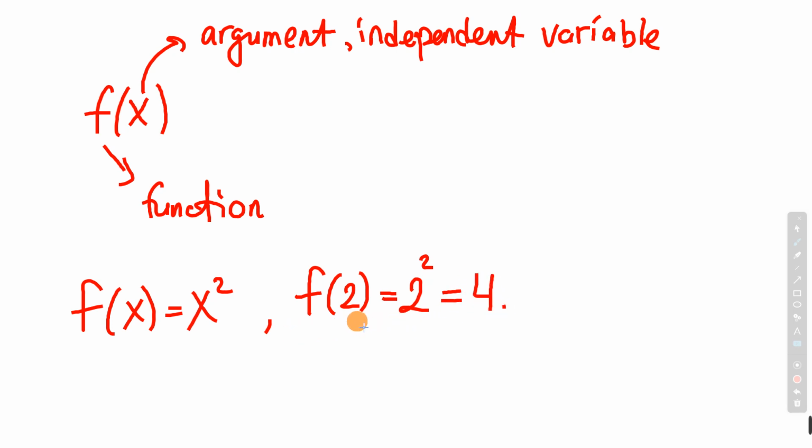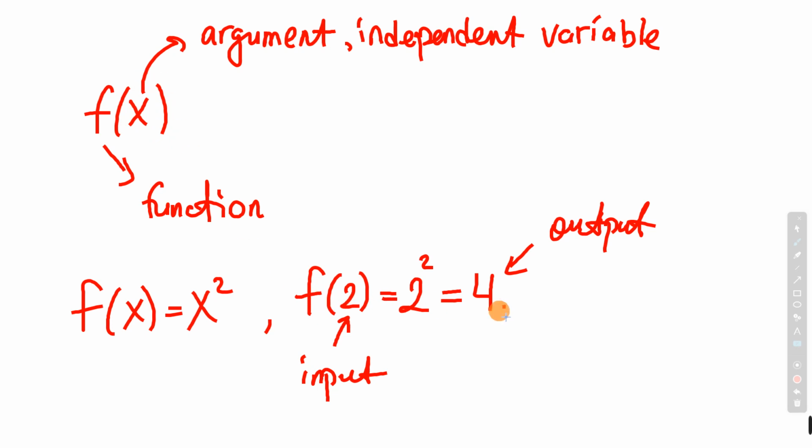So again, 2 is an argument or independent variable, or you can also call this input. So 2 is an input and 4 is the output. It's very easy to deal with such functions if you have only one argument.